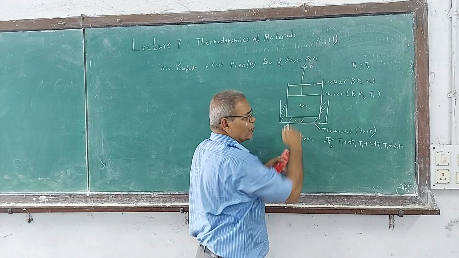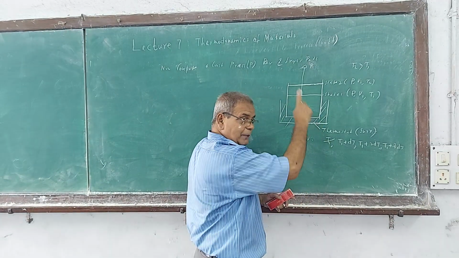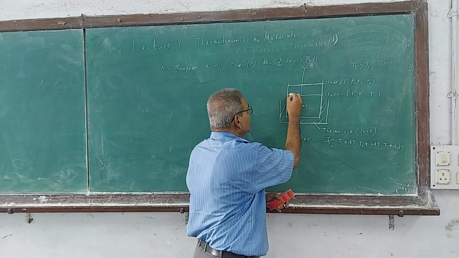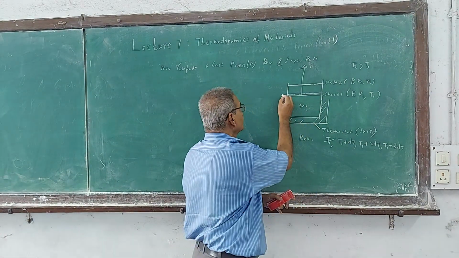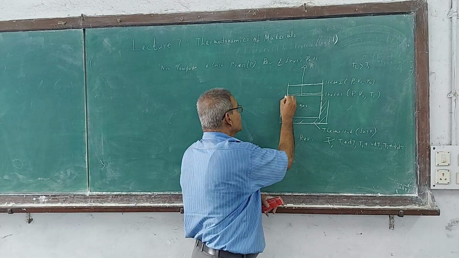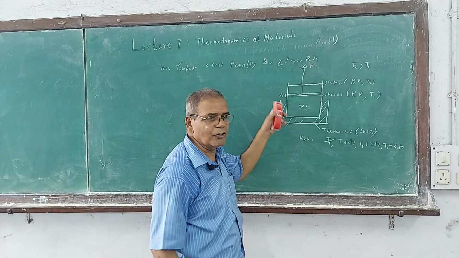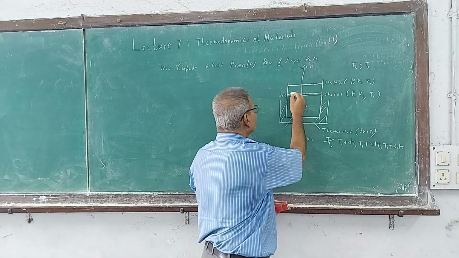With pressure constant, as temperature increases, volume will increase. For dT, a rise in volume of dV. Then further, T1 plus 2dT. Further.